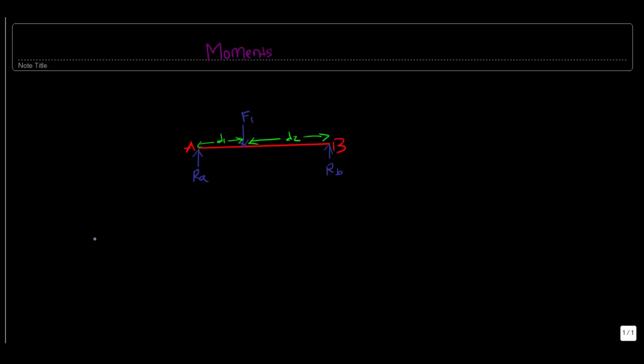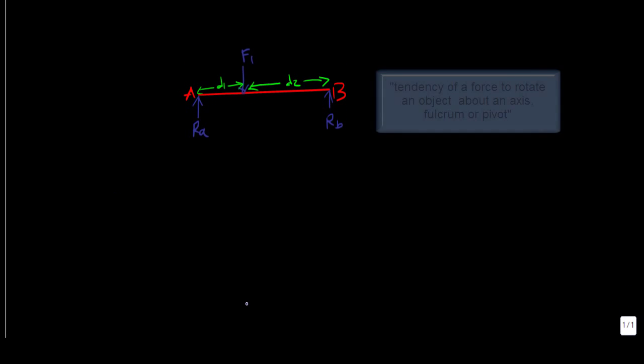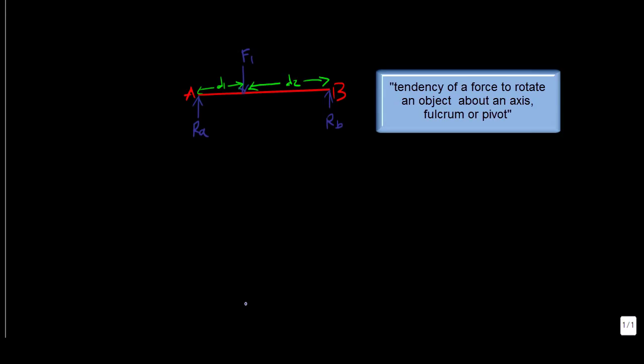Welcome to the presentation on moments. Moment is a tendency of a force to rotate an object about an axis. So it's a twisting effect of a force on an object.